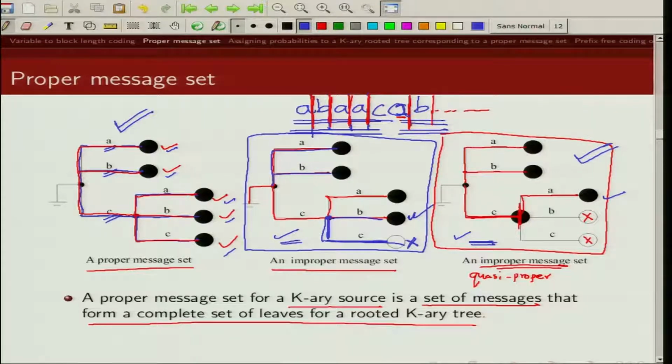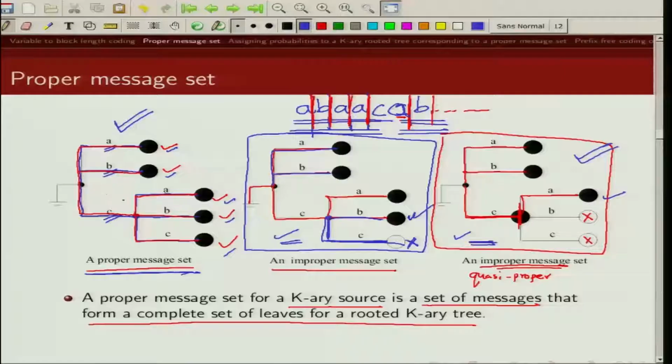The difference is, in case of a proper message set, when bits are coming, I know exactly where the boundaries are. For example, when A is coming, I know that's my input block length boundary. If a B comes, I know that's the input block length boundary. If a C comes, I look at the next bit and I know that's my input message boundary: CA, CB, CC.